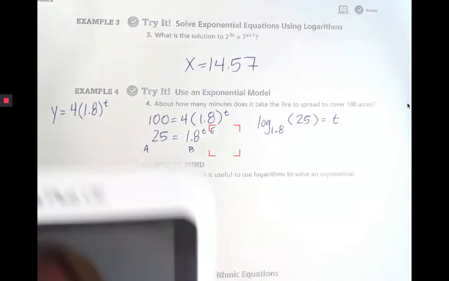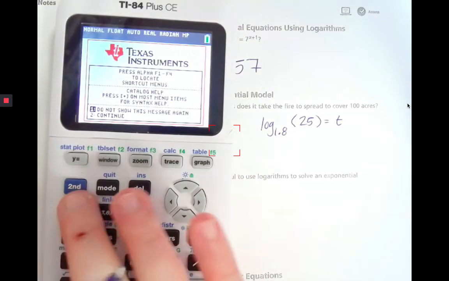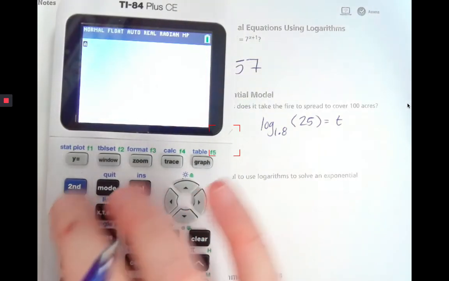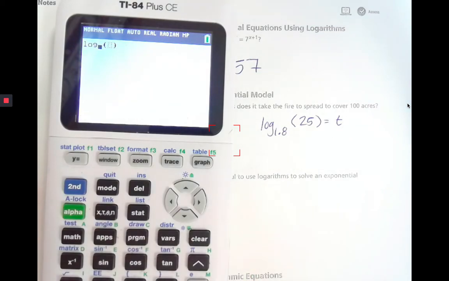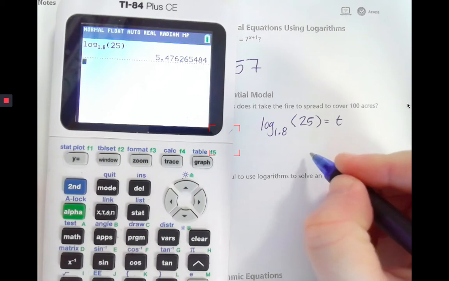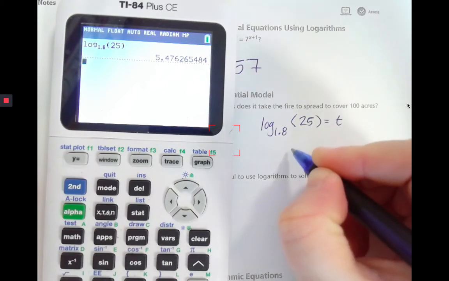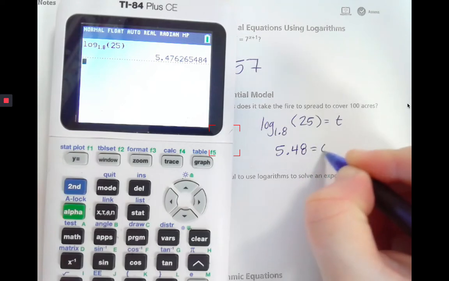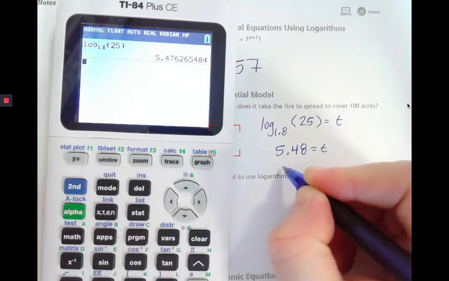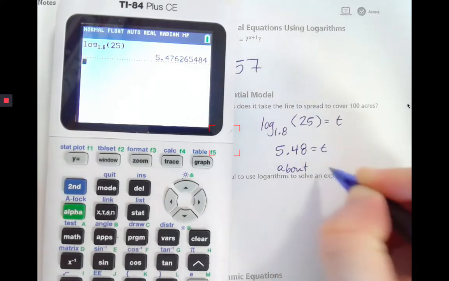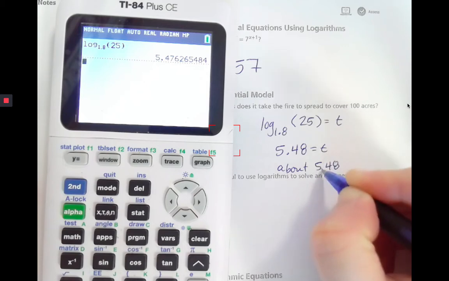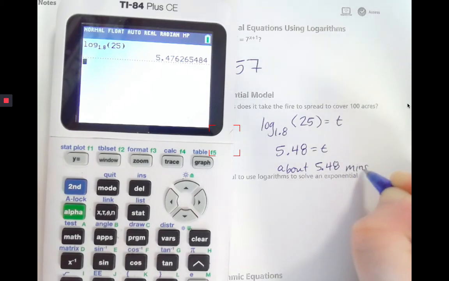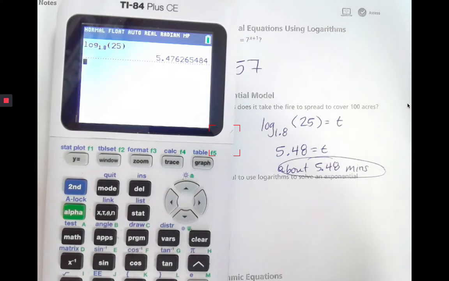I put that straight in my calculator. Remember using alpha window 5. Put 1.8 and 25. And for the fire to spread to cover 100 acres would take about 5.48 is equal to t. So about 5.48 minutes for that fire to cover 100 acres.